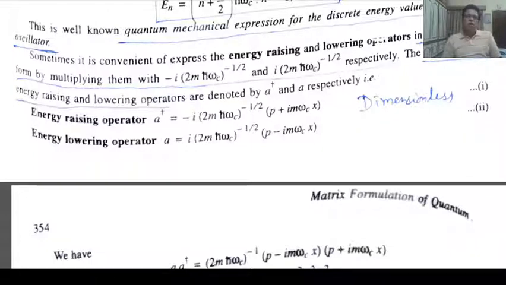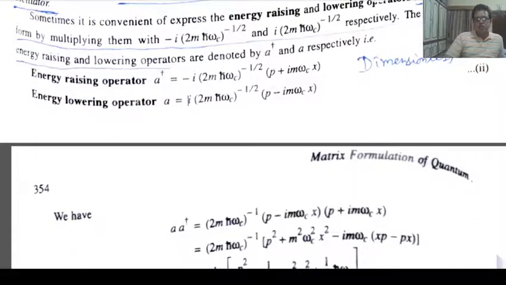If we want to convert these operators into dimensionless forms, they must be multiplied by this term: raising operator by minus and lowering operator by plus, i times under root of 1 over 2m h bar omega c. Okay, this is the dimensionless form.